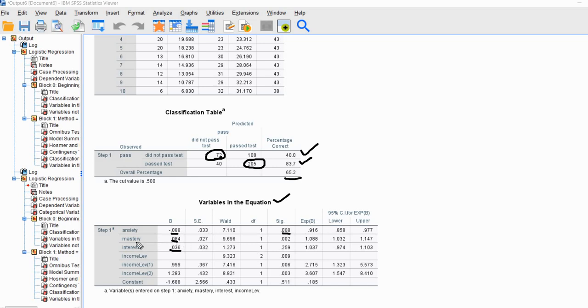You can see that the mastery coefficient is positive and significant, and that's going to indicate that students who are higher on mastery were more likely to pass the test. And then with the interest variable, you see the slope is positive, but you still see non-significance here. So interest would be deemed as being unrelated to the probability of passing the test.